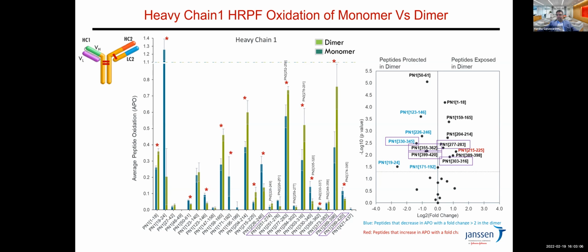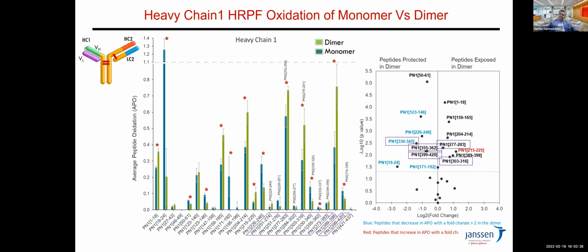If there is a downregulation, where the x-axis is a negative value, the average peptide oxidation of the dimer is low, and hence the dimer formation protects the peptide from oxidation. So the peptides shown in blue are both significant in their p-values, as well as the fold change is greater than 2, which we typically use as the cutoff.